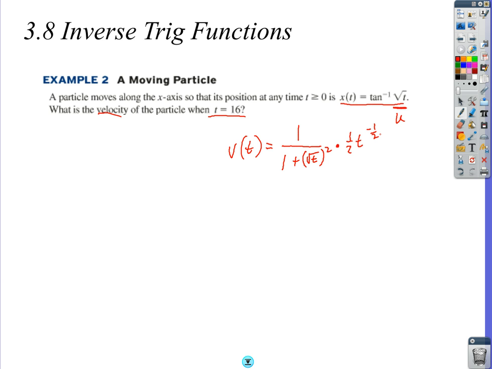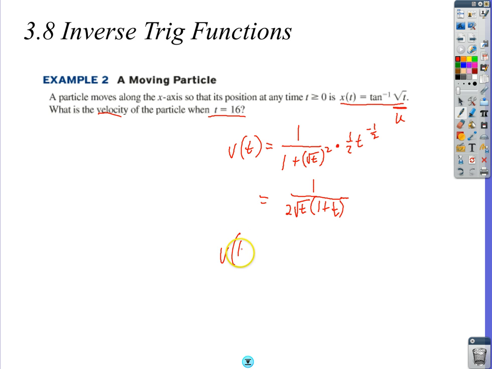Simplifying this out, I can see that this is 1 over 2 times the square root of t times 1 plus t. The 2 on the bottom is from this over here, and the t to the negative 1/2 means the square root of t is on the bottom. Now I solve for 16.